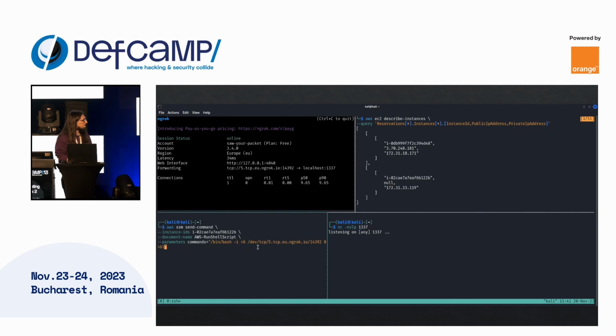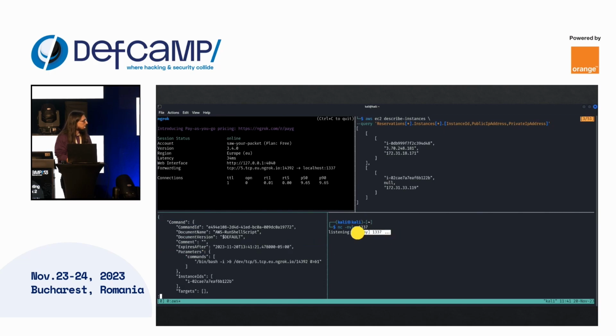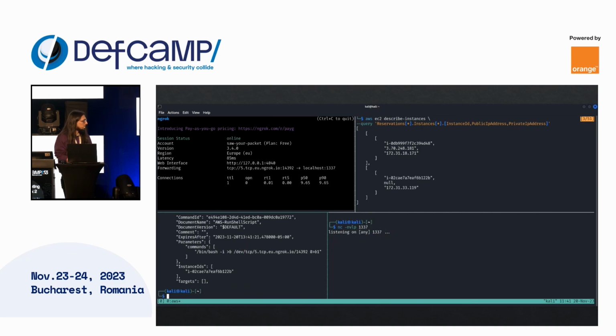So the same payload, but for the private instance, and there's no point in waiting. We will not get a reverse shell because the instance is private and cannot communicate outside its VPC.